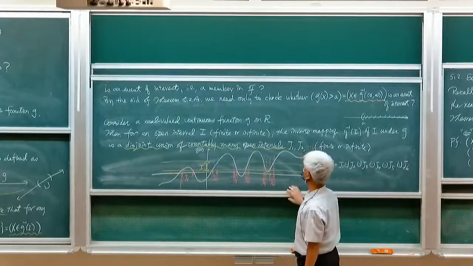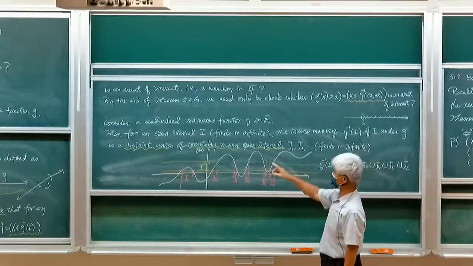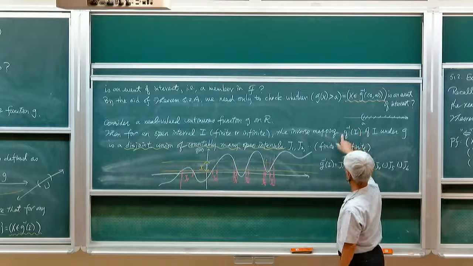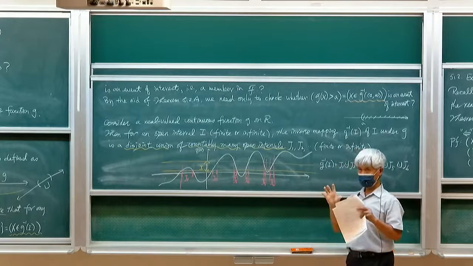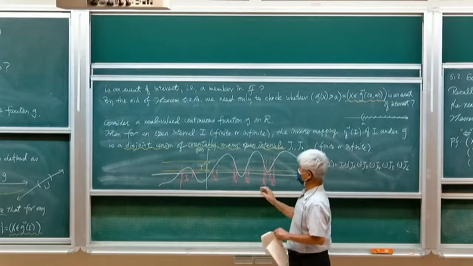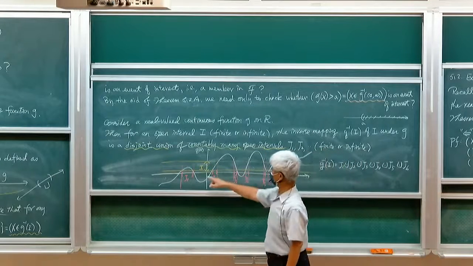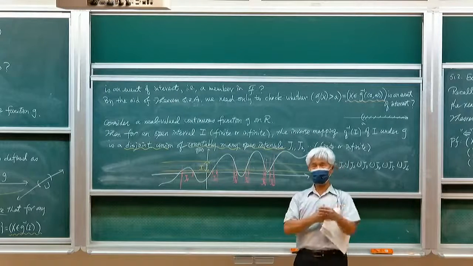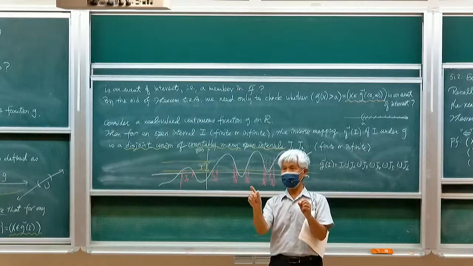First point, if I is an open set, then because g is continuous, the inverse mapping is an open set too. Now, an open set on the real line becomes a disjoint union of connected open sets.